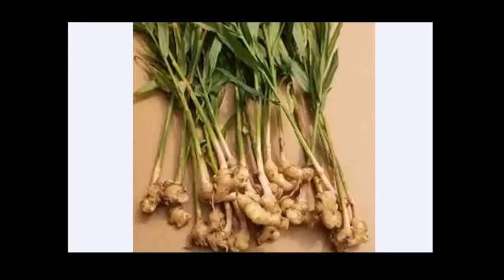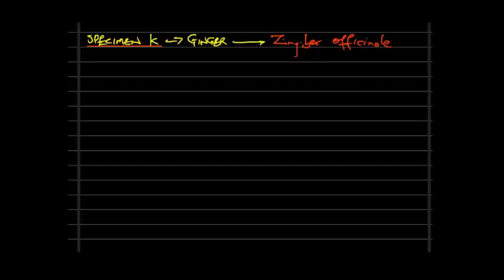You can see these are the roots. The rhizome forms here. That is where you have the ginger itself, and this is the stem. This is how the stem looks. So we have different varieties of the ginger. It also looks like the turmeric. So let us quickly see some of the characteristics that we can talk about for this particular organism.